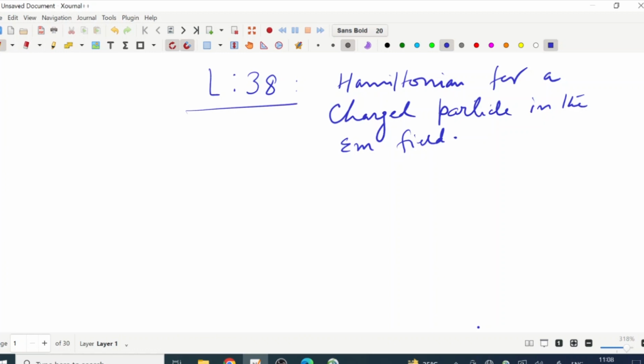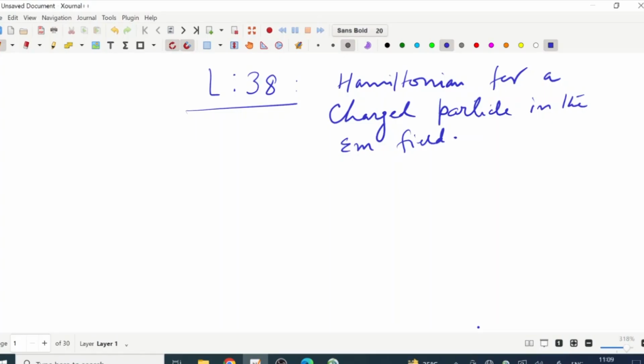In the last few lectures we have seen how to construct the Lagrangian, and how to construct the Hamiltonian from the Lagrangian through Legendre transformation, and we have considered the Hamiltonian for a few simple systems. We have learned how to go from Hamiltonian to Lagrangian, the reverse process also.